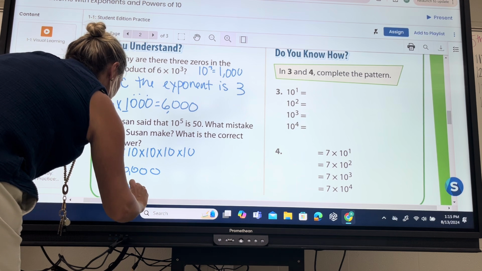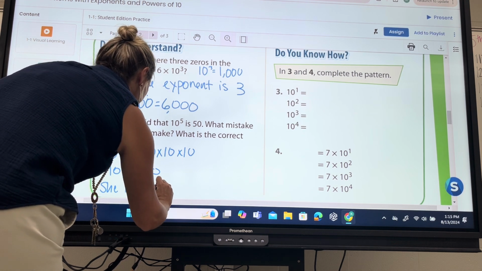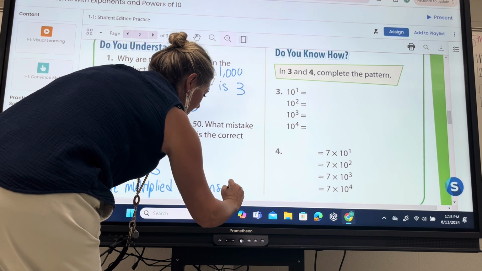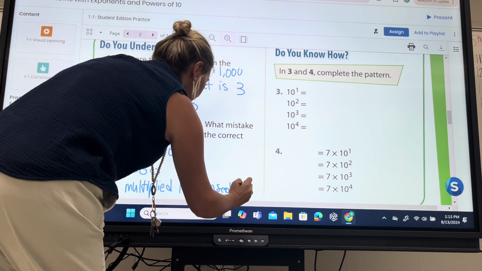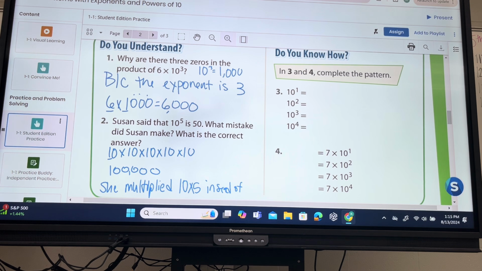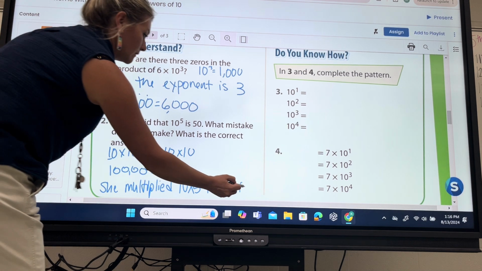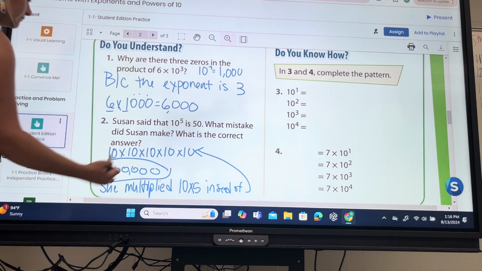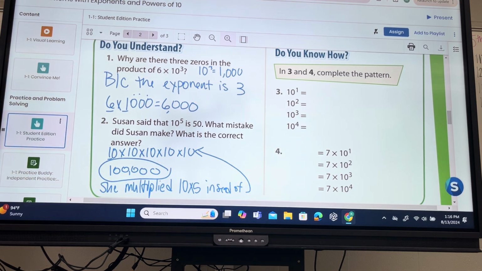She multiplied 10 times 5 instead of 10 times 10 times 10 times 10 times 10. So what is the correct answer? We need 5 zeros behind a 1 because the exponent is 5. Our answer should be 100,000.